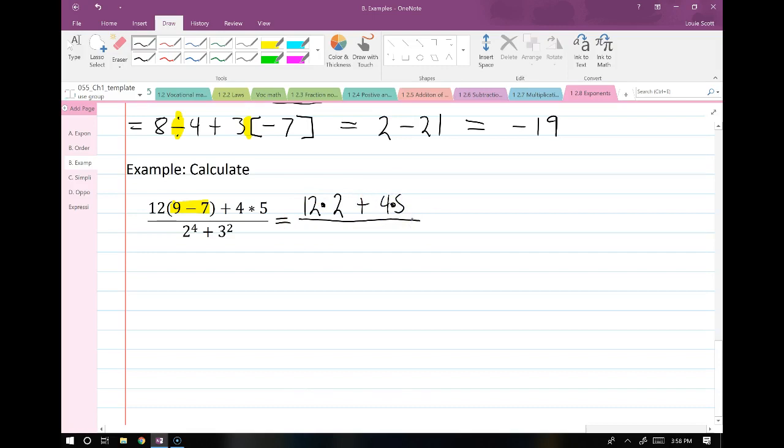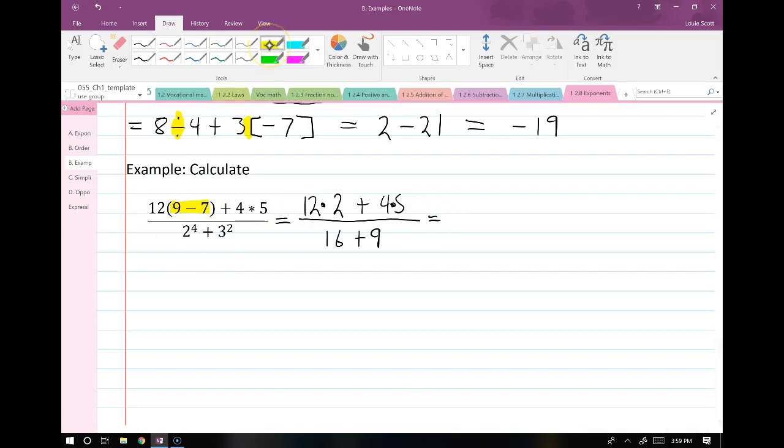On the bottom, everything's with exponents, so I can do that for the first step. 2 to the 4th is 16. 3 squared is 9. So I just did one step in the numerator and one step in the denominator. Now I'm going to keep on going.